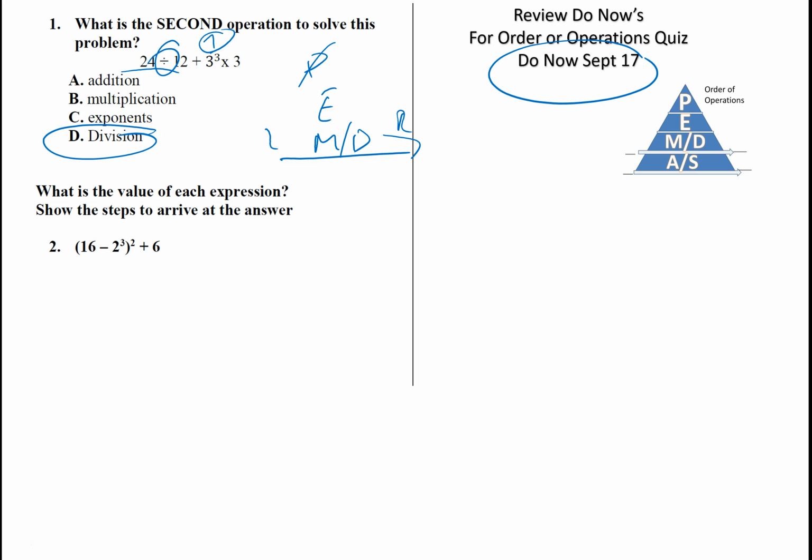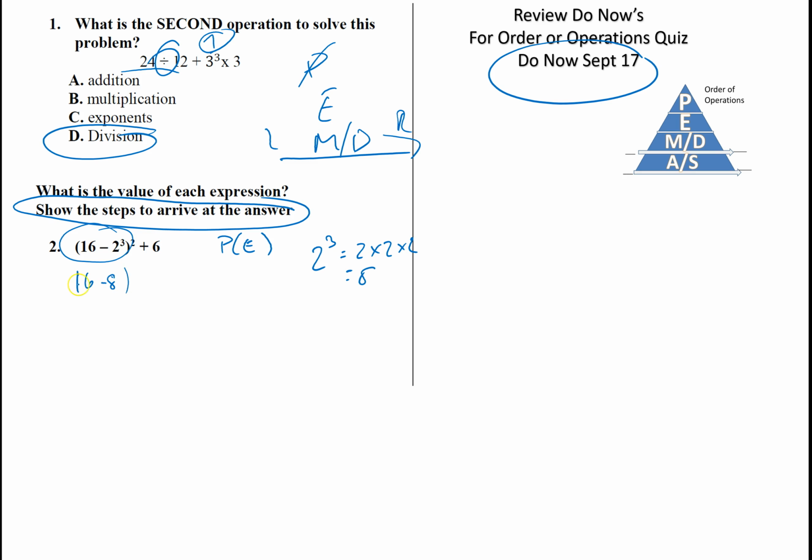Next one says, what is the value of each expression? Show the steps to arrive at the answer. It's going to be very important on the test. Even if I give you a multiple choice question, I will ask you to show your steps. So here we have parentheses first. Inside parentheses, I'm going to do my exponents. So it's 16 minus 2 to the third power, which is 2 times 2 times 2, which is 8.